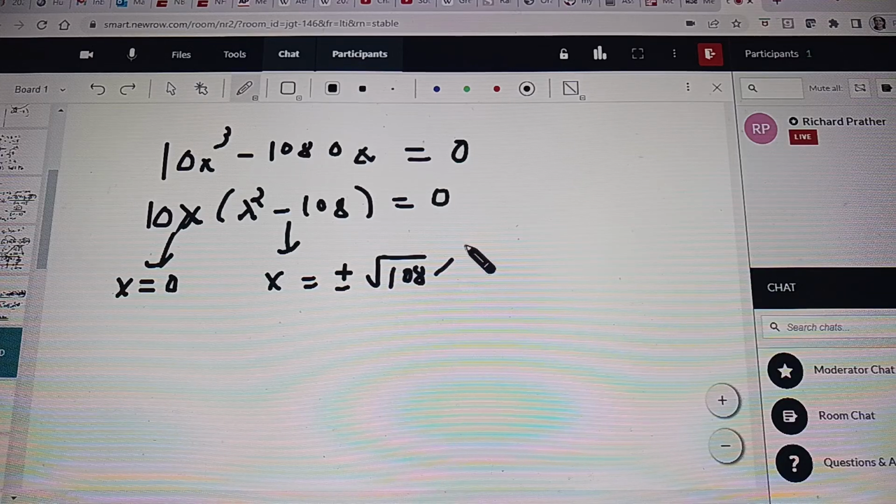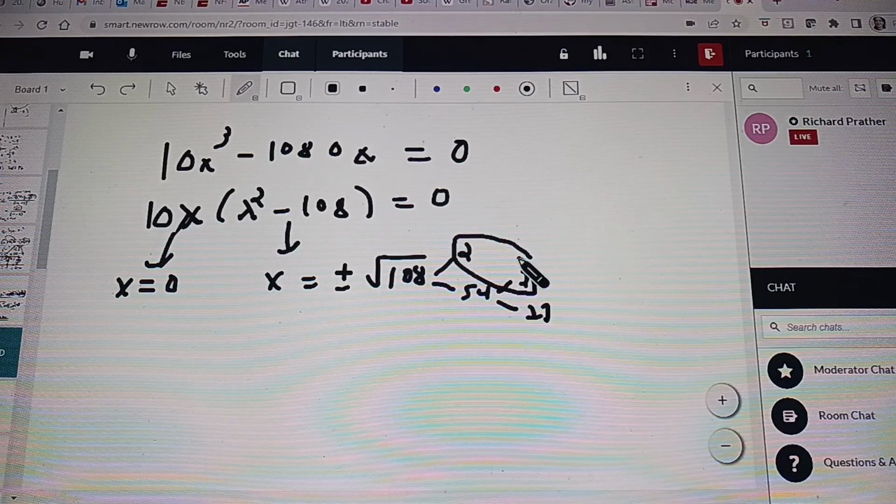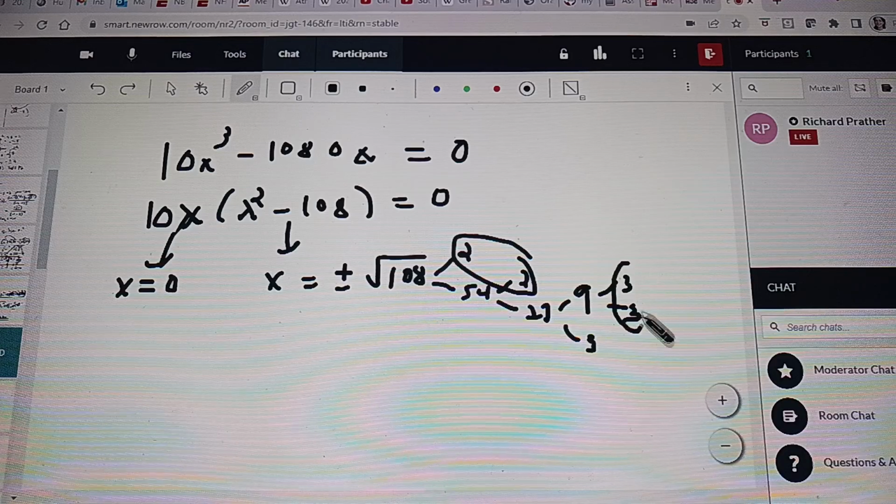And if we need to reduce that down, it's 2 and 54, 2 and 27, there is a pair of 2's, and then there's even going to be a pair of 3's. So this would simplify, if we need to write it as an answer, to 6 square root of 3.